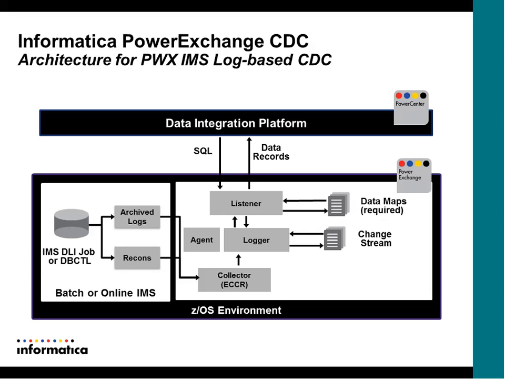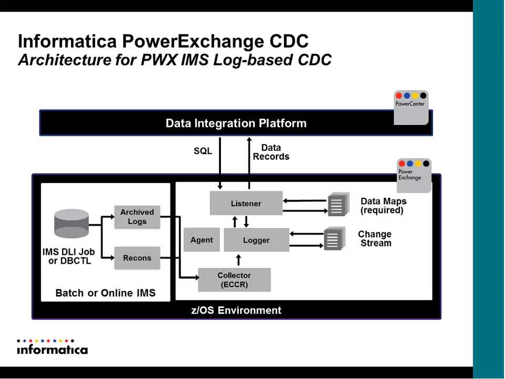It will read that physical data set or file that is the archived log, parse it, identify the change records for those segments that have been registered for change data capture, and write them to the change stream, reformatted. They're now available to the listener to be processed by workflows.